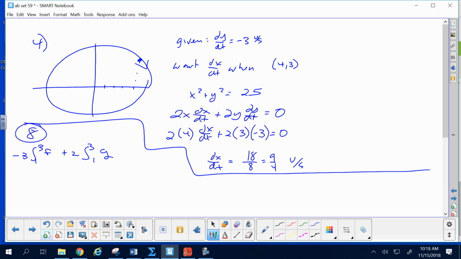It's not very good calculus, but then use the values they give you. They give you the value for f, which is -2, and they give you the value for g, which is 4. So 6 plus 8. Okay? That's the work I want.